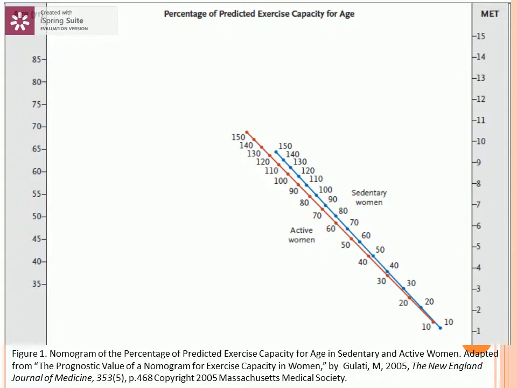Where the percentage line is intersected gives us the patient's percentage of predicted exercise capacity for their age. So you can see that active women have a higher percentage of predicted exercise capacity compared to sedentary women. So often the results of exercise tests, or the pre-test, go off a nomogram.